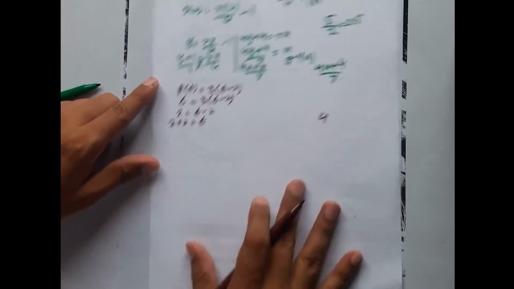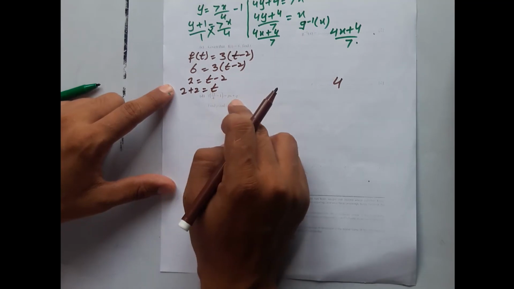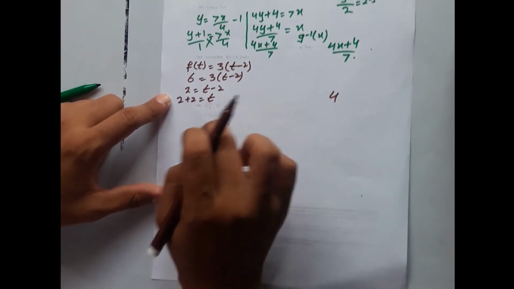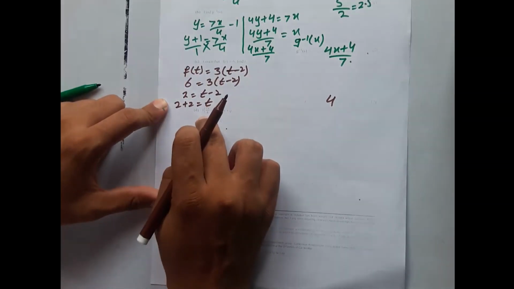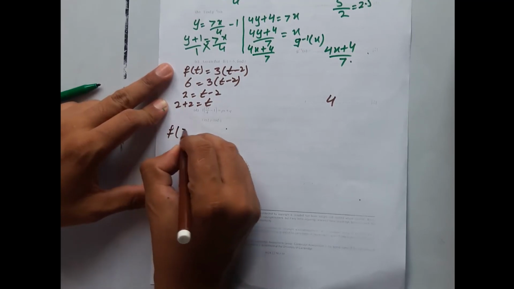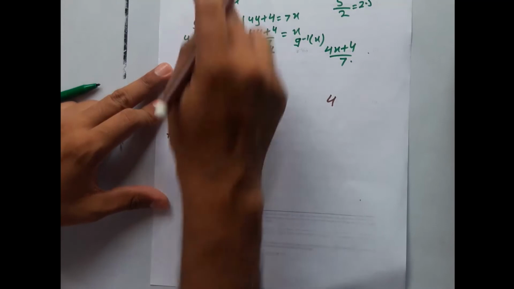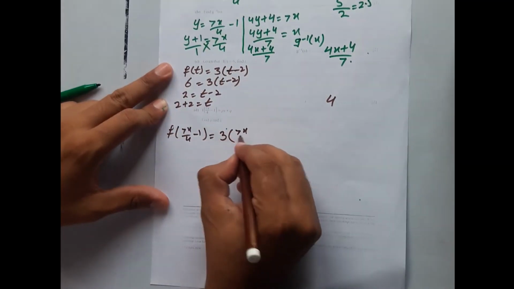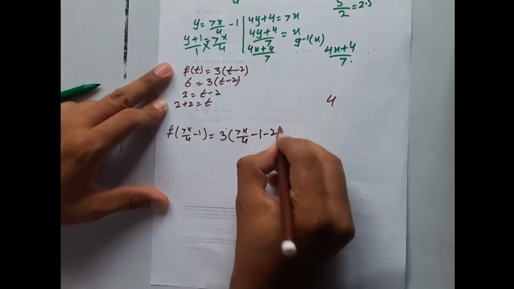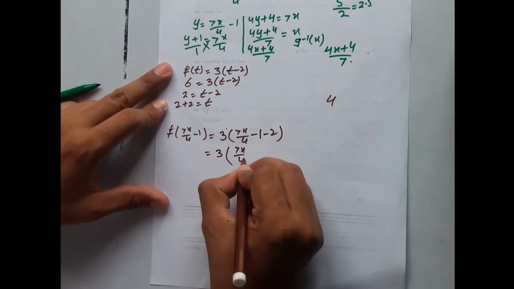Okay, now we have to find f of 7x over 4 minus 1, which is equal to px plus q. First we will place the value and then we will compare. So f of x is 3 into x minus 2, so f of 7x over 4 minus 1 will be equal to 3 times 7x over 4 minus 1 minus 2 is given. So this will become 3 into 7x over 4 minus 3.